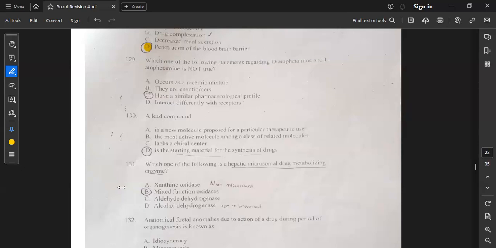If it induces the CYPs, so you cannot co-administer with, is it the protease inhibitors or which one? Yeah, something like that, because it will reduce its activity.